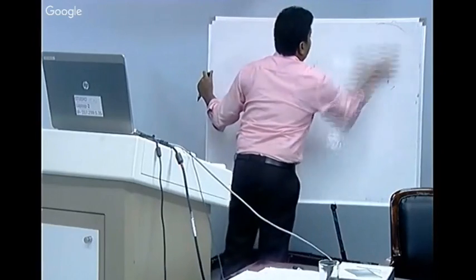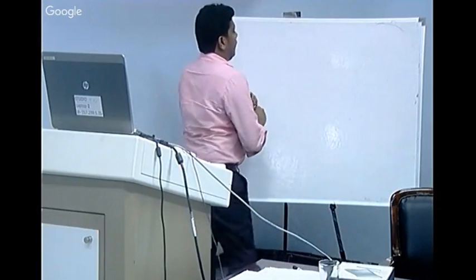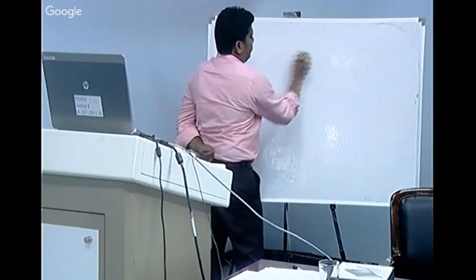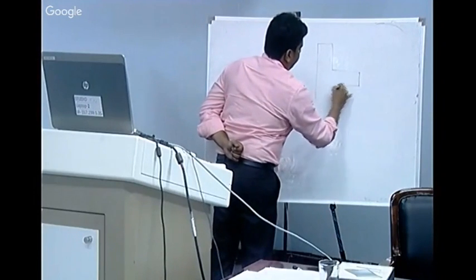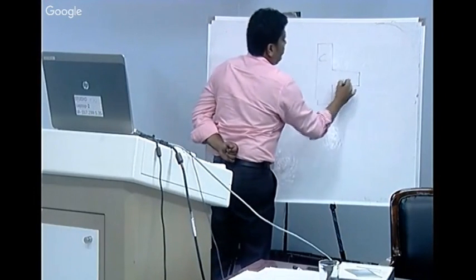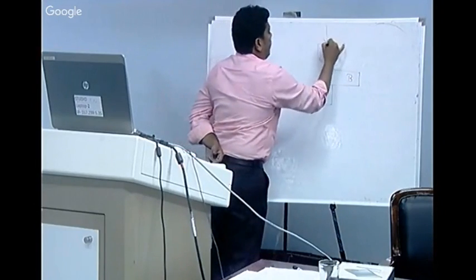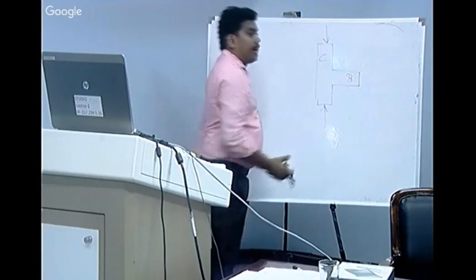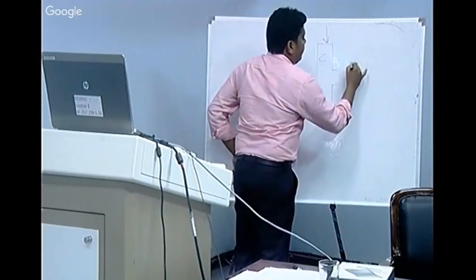We have to go for quasi-static, which means we are applying cyclic loading at a very slow rate. Like if I want to test a beam column joint, this is the column part, this is the beam. Now, you can apply some axial load like this to keep the column stable. This beam will be connected with some actuator.